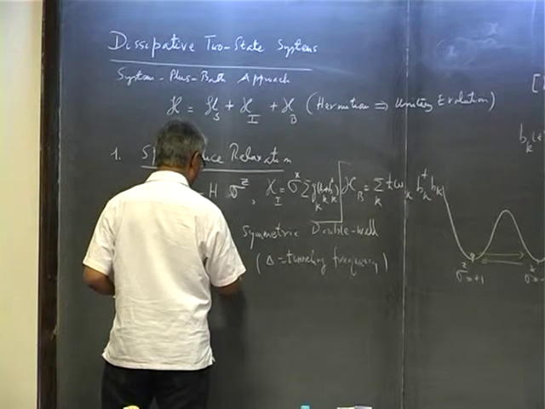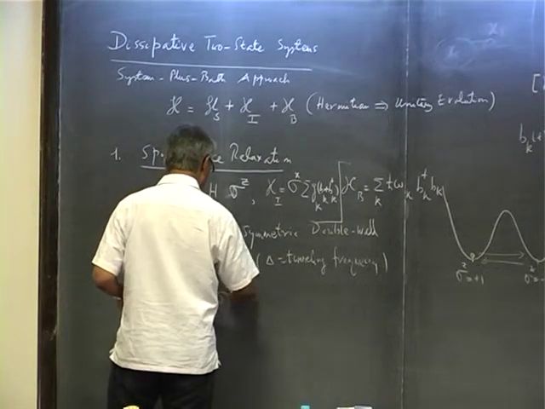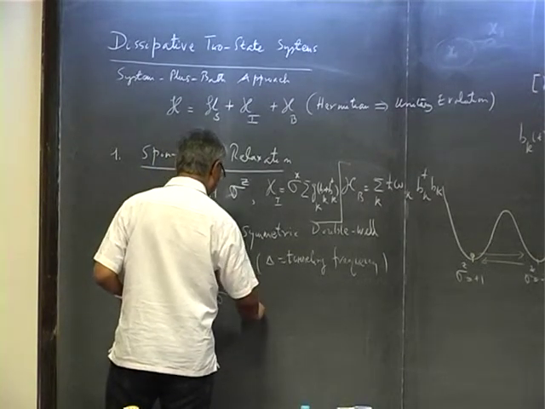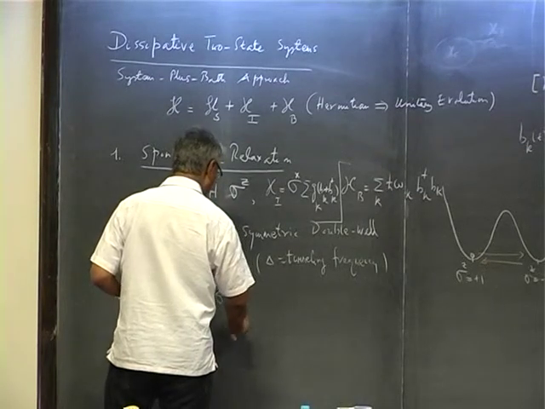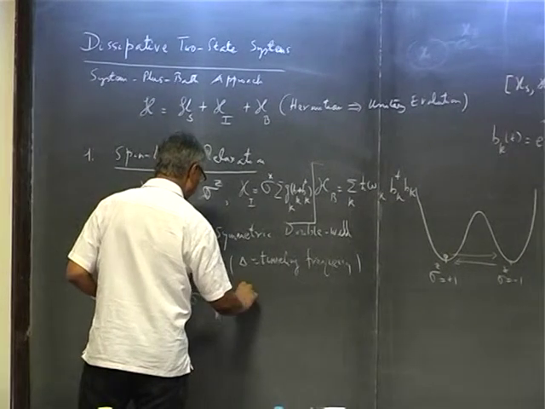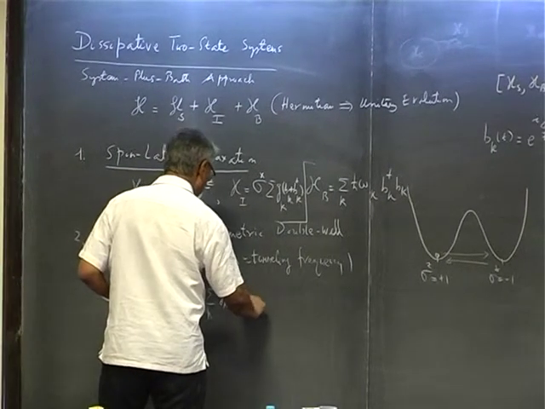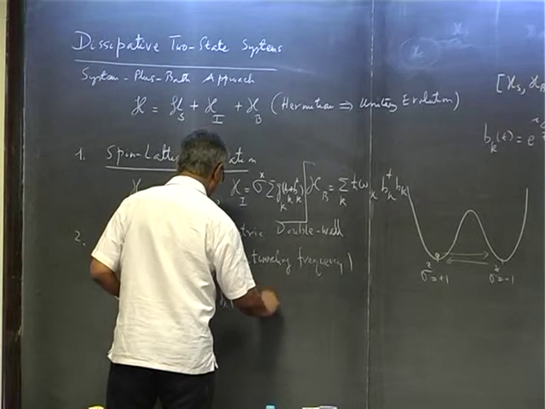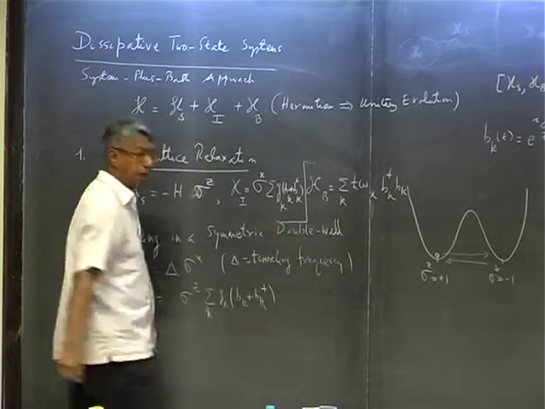But since now it is delta sigma x, you have a sigma z kind of coupling, summation over q or k, that I'm writing, g_q times (b_k plus b_k dagger), and you have the same bath Hamiltonian.